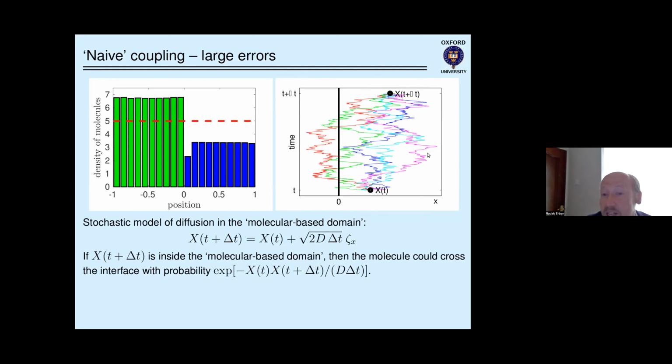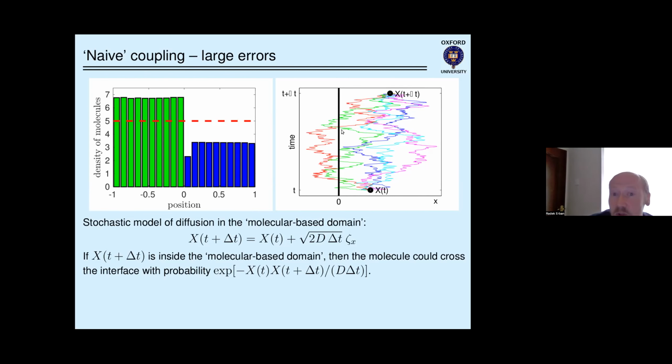If it went this one, that would not cross the interface. So the take-home message is that depending on the time step, which is an internal parameter of the simulations, I can get a different number of crossings of this boundary. If I use a coarser time step, I didn't cross it at all. But if I refine the time step, there's some probability that the molecule would cross the interface between time steps.